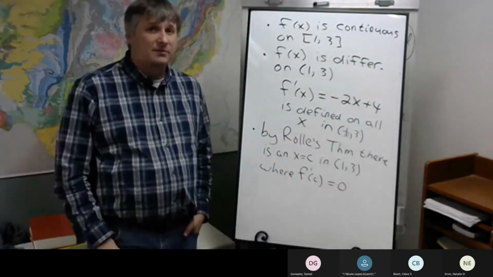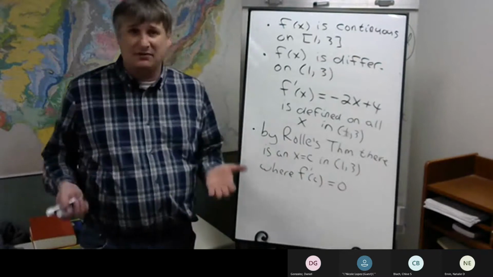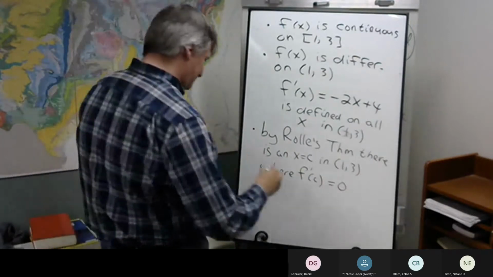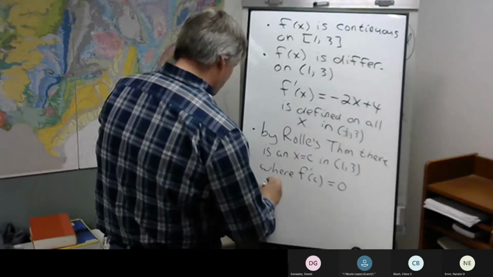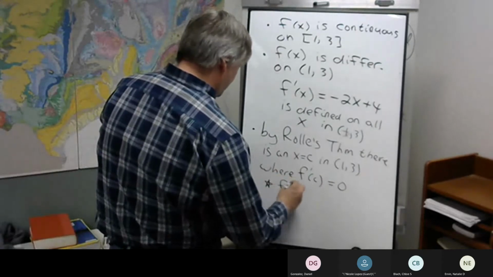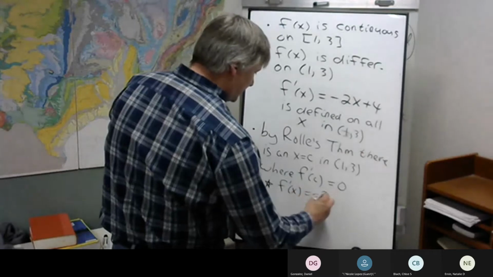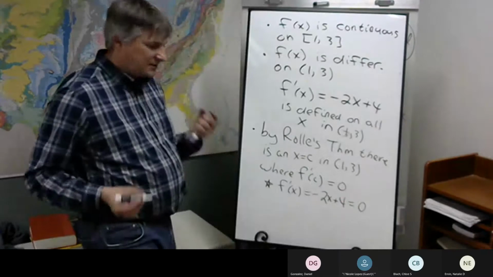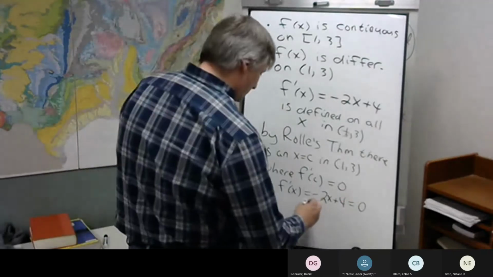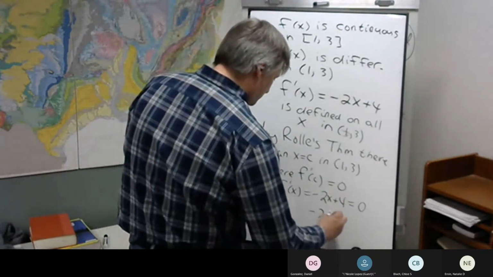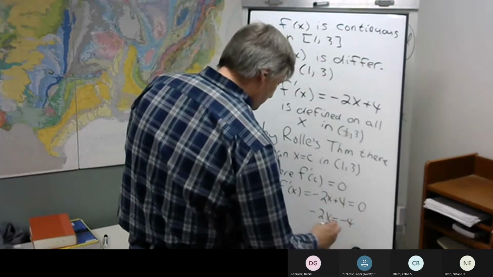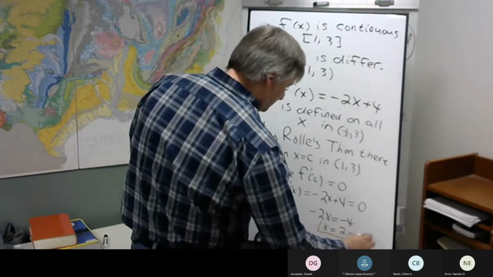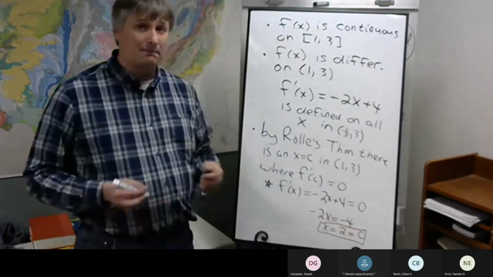So that's all that Rolle's theorem is saying. And again, from the last section, we define that point, that c. f prime of x, and we did this already. We just set the derivative equal to 0. We'll get negative 2x plus 4 equals 0, and x equals 2, which is going to be our c, which is what we found last time.